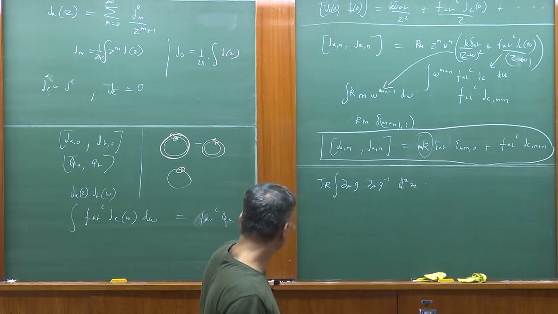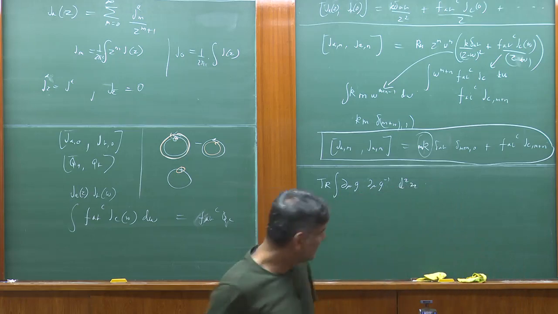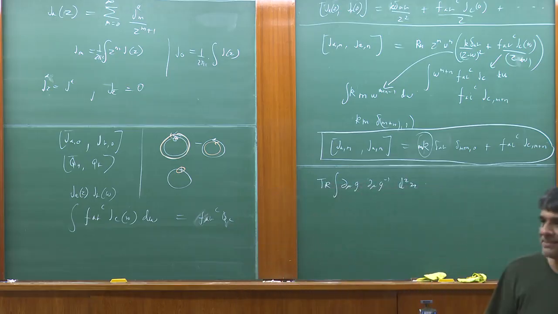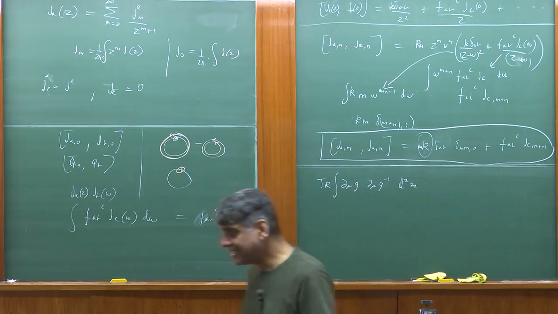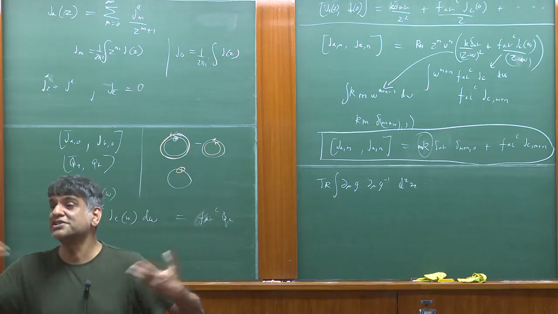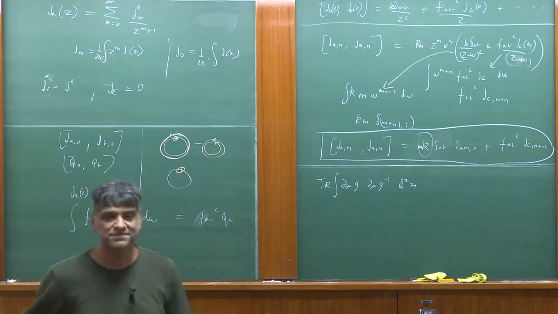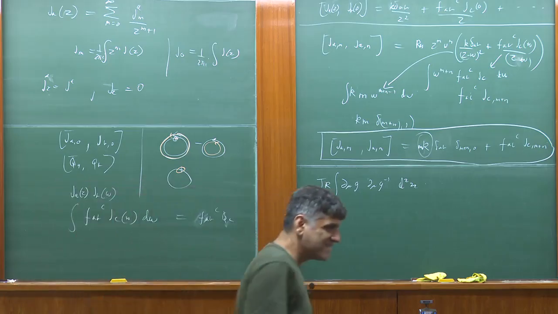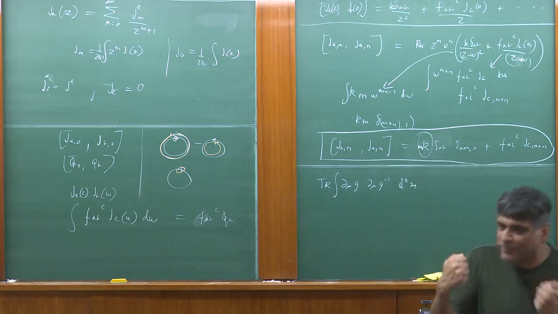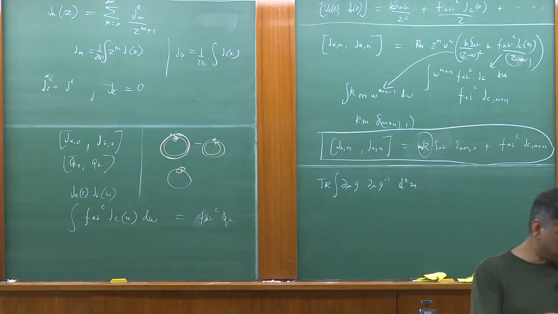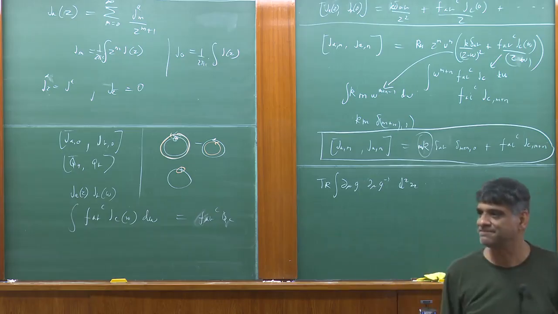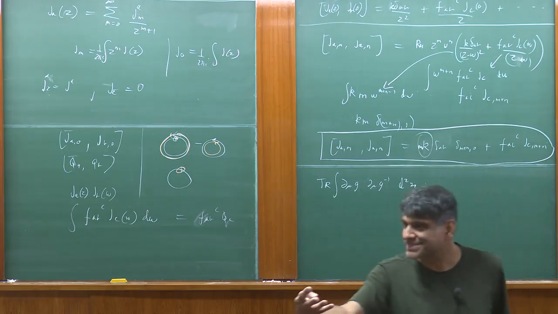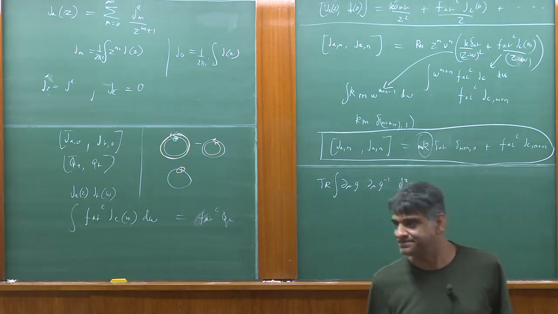You take del mu G, del mu G inverse, d2x, and you write down this Lagrangian. So what is this theory? Your base is, as usual, the complex plane. But the target space is the group manifold.